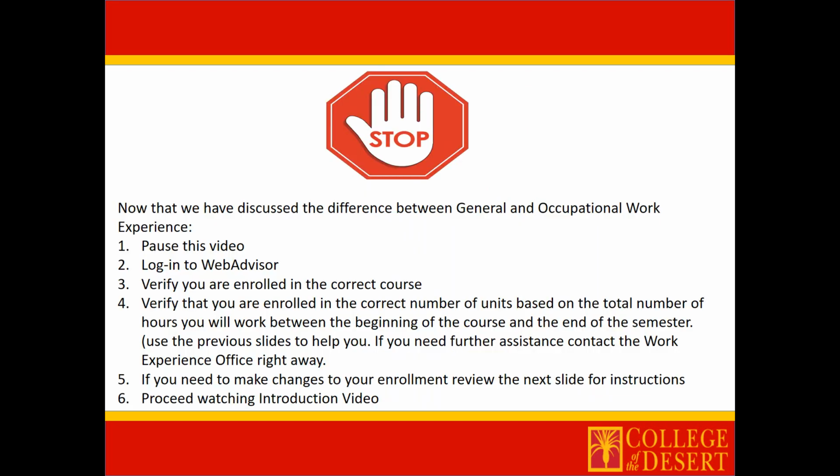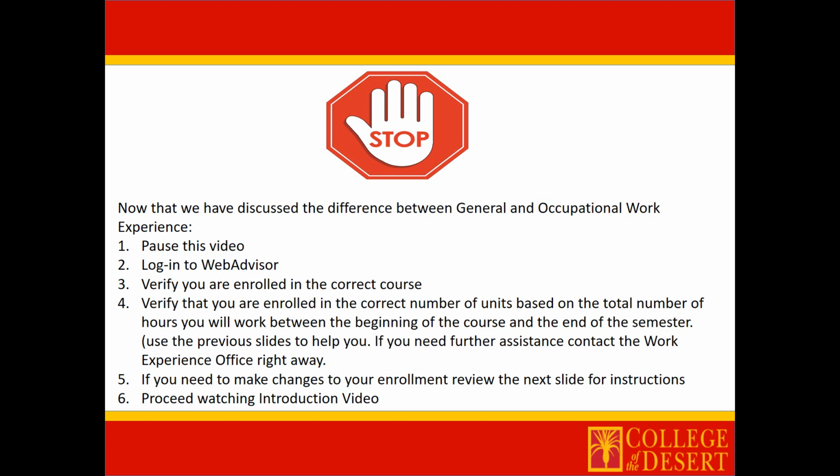So let's stop right there. Now that we've covered a lot of information about whether or not you should be in general or occupational work experience, as well as if you are enrolled in the correct number of units, I would like for you to pause this video, log into a WebAdvisor account, and verify that you enrolled in the correct course.